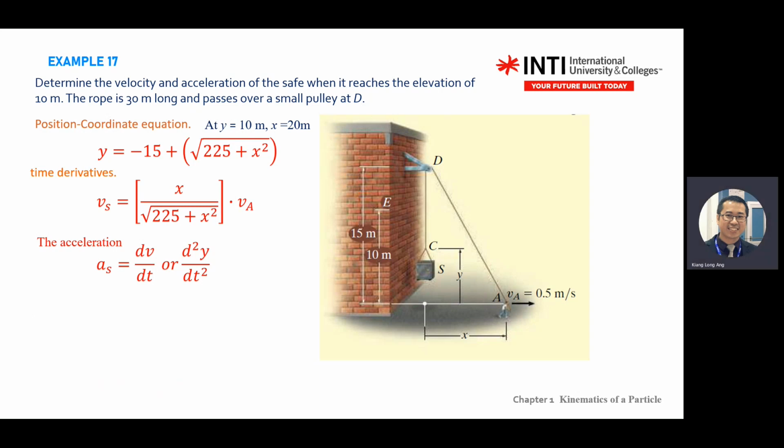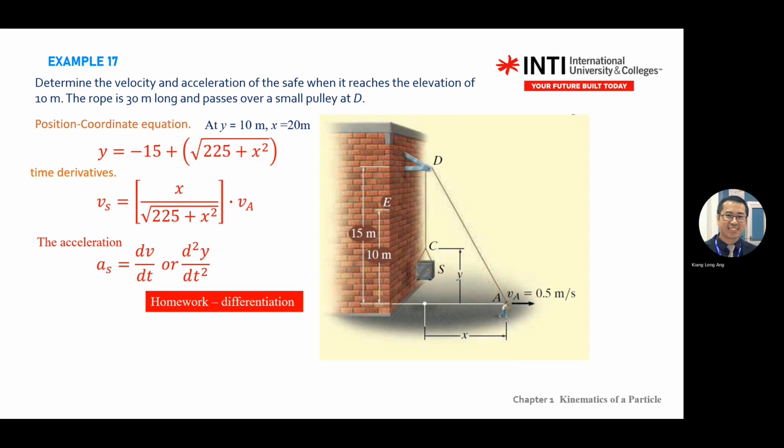It depends which one you want to use. You still get the same answer, right? So at the end, you get your acceleration this way. When you take the time differential of this one, again you need to use the chain rule.